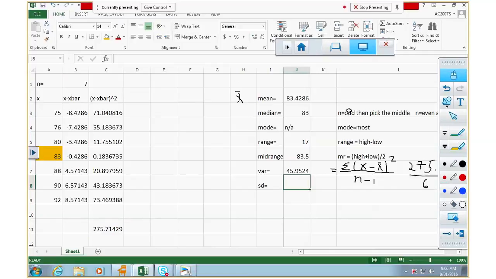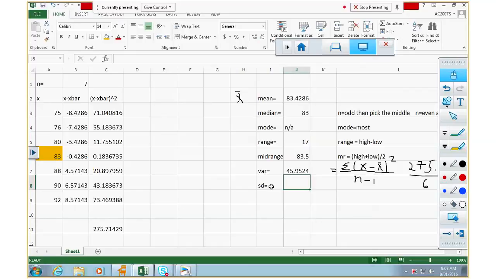Does that mean anything to you? No. But why do I want you to get the variance? Because if you know the variance, then you know the standard deviation. What is the relationship between the variance and the standard deviation? Anybody remember from high school statistics? Good job, the square root.